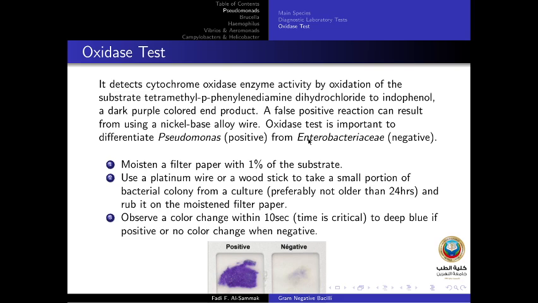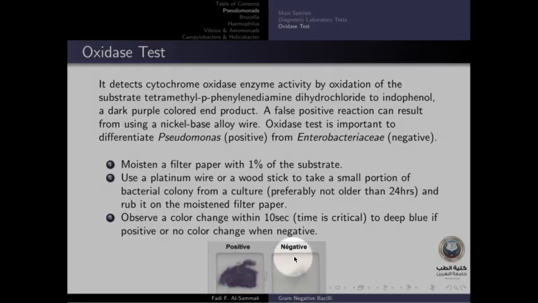Using a platinum wire loop or a wooden stick, we take a few colonies from the culture, preferably not older than 24 hours, and rub them on the moist filter paper where the reagent was applied, and we wait for 10 seconds. Within 10 seconds, if there is a color change to deep blue or purple, then it's positive. If there is no change, then it is negative. As you can see here, this is the positive one, and this is the negative.